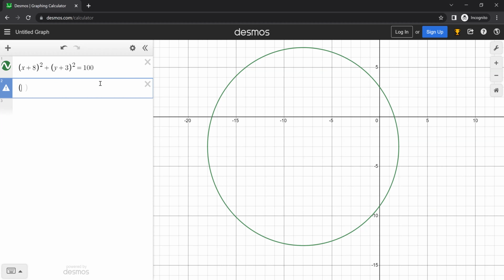It is not 10. What is the center of the circle? It's an ordered pair. It is not (0, 0).